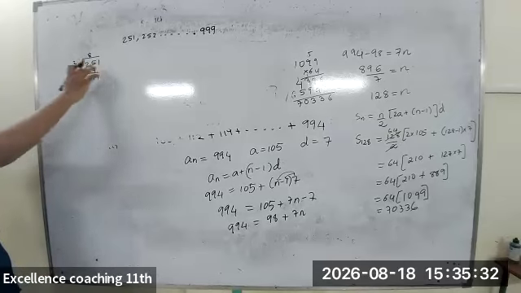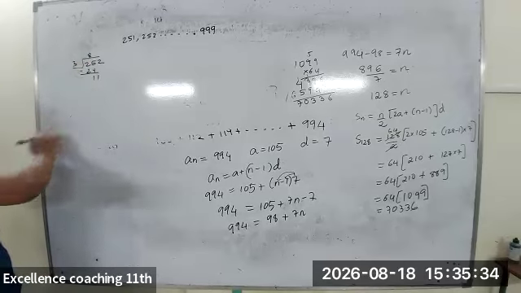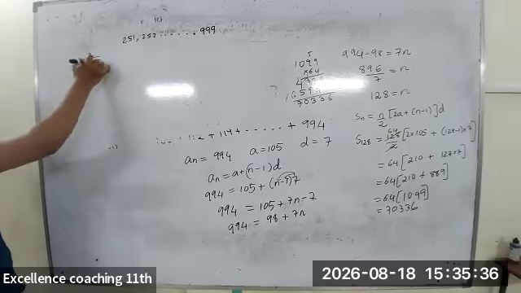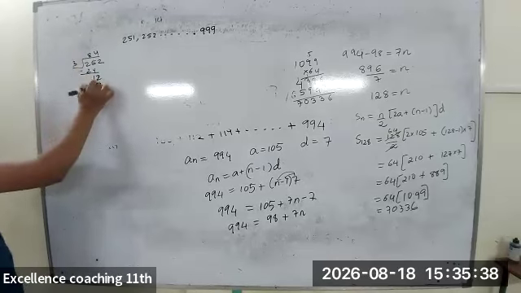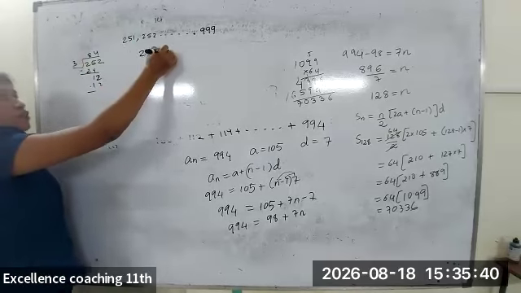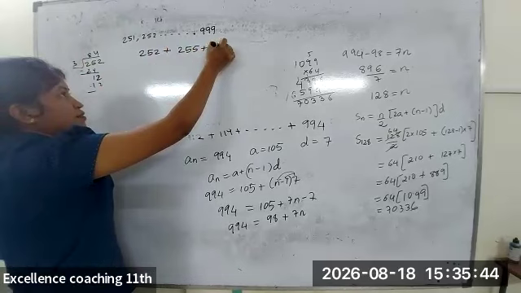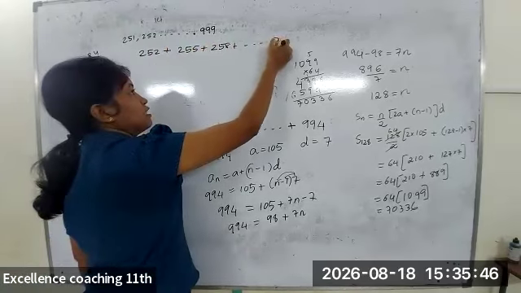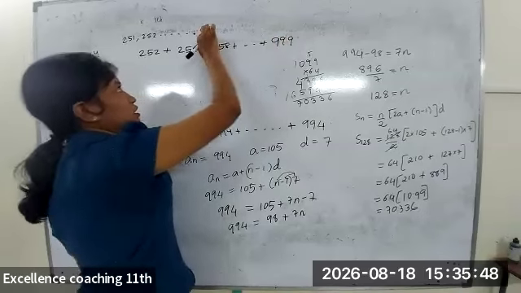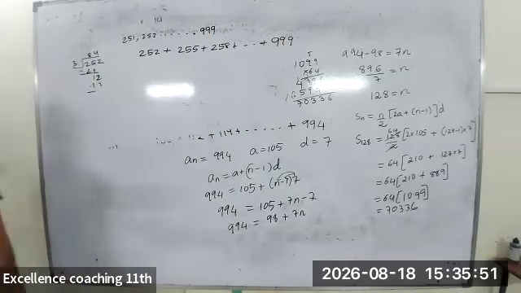So this has to be 2. So your first number is 252. Next number will be 255. Keep on adding 3. And last number will be 999 because all will get divided by 3. 3 3s are 9. So now repeat the same steps as question number 4.